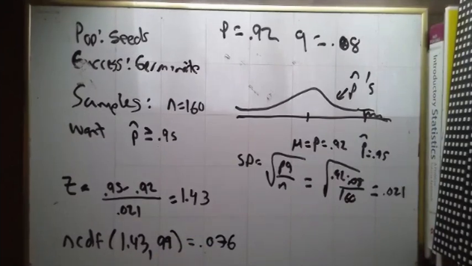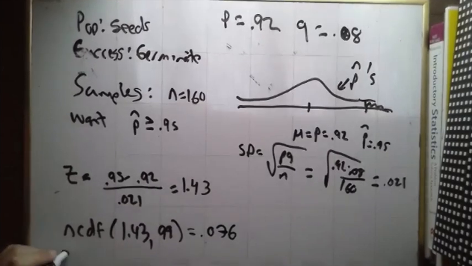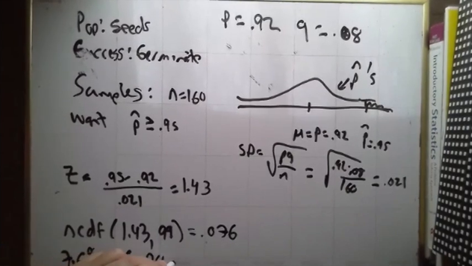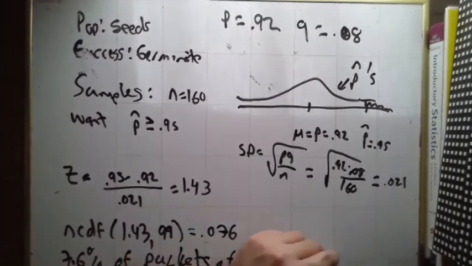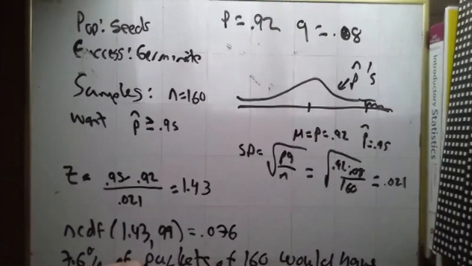So then we would write a complete sentence because word problems have word answers. 7.6% of packets, not of all seeds, of size 160 would have a germination rate of 95% or higher.